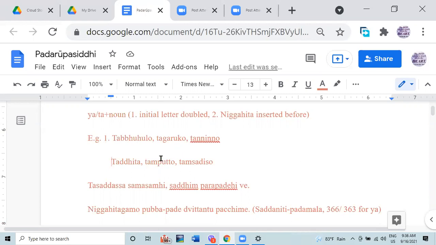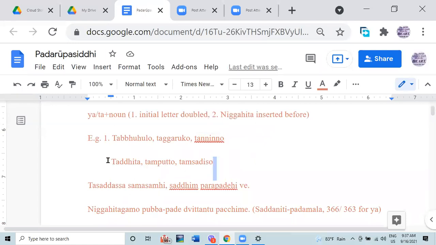And then tagrugo. Ta and gruga. Tagrugo. With tabahulo. Tagrugo. And then tanino. This example can be the first or the second also. Tanino. Taddhito here.